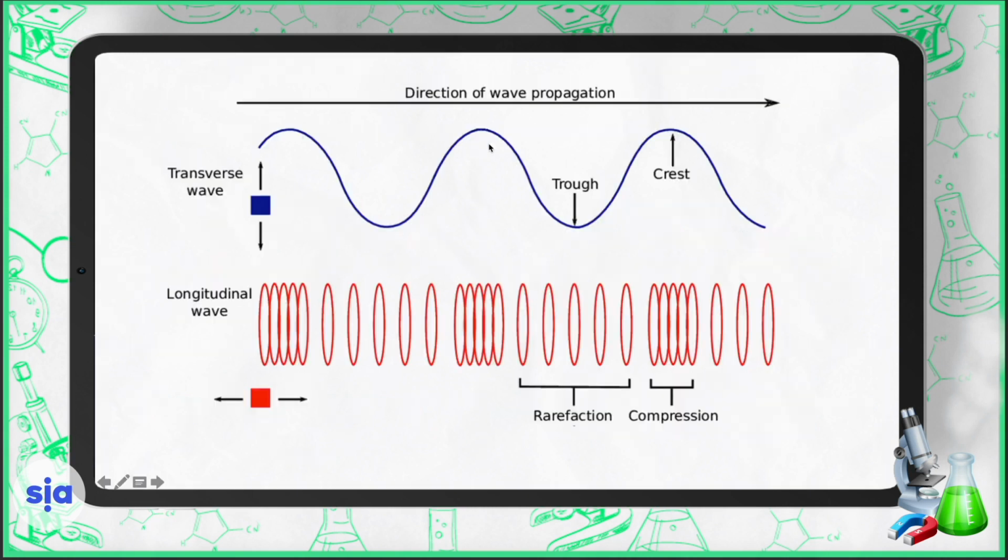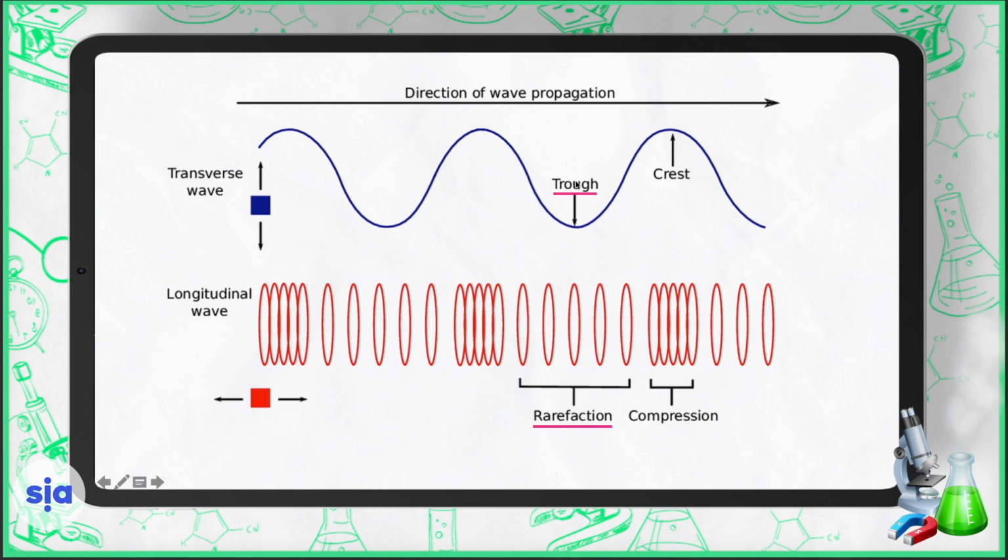This is a transverse wave. The movement is perpendicular to the wave propagation line, making crests and troughs. Here is the longitudinal wave. The movement is parallel to the direction of the wave propagation, forming areas of compression and areas of rarefaction.